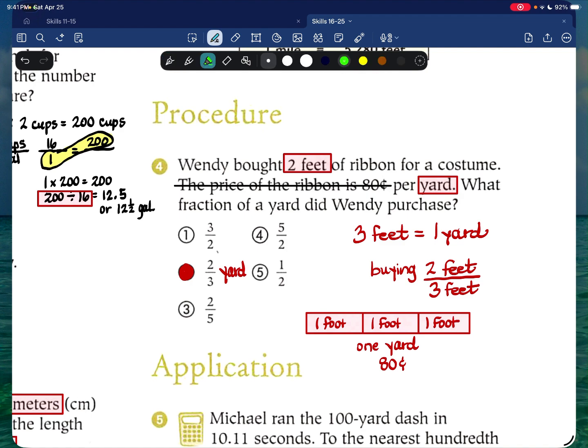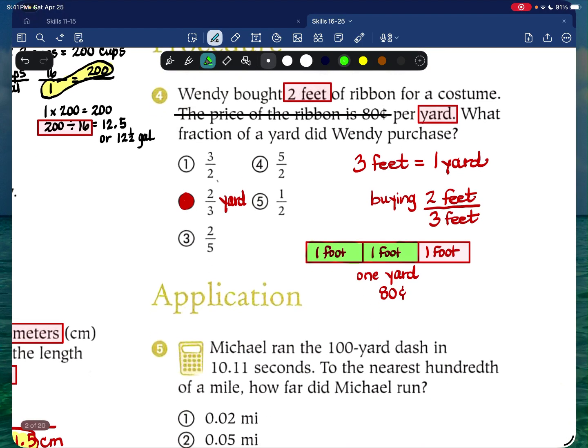And Wendy only wants to buy 2 feet. So how much of the yard did she purchase? She only purchased 2/3 of the yard. So she would not spend the full 80 cents. She only got 2/3 of the yard. So sometimes drawing a picture can really help.